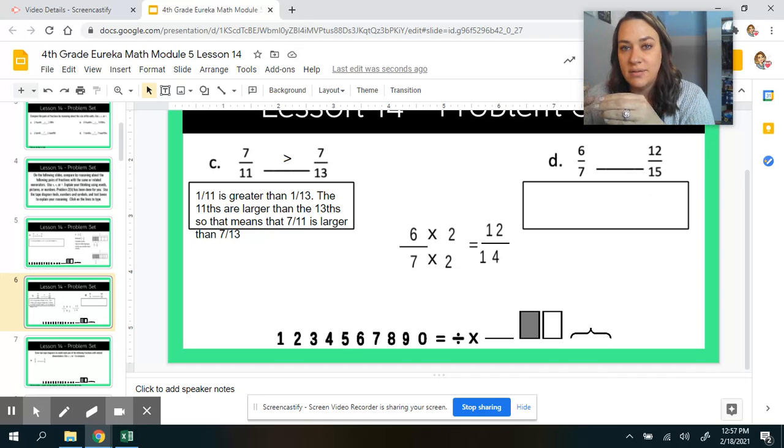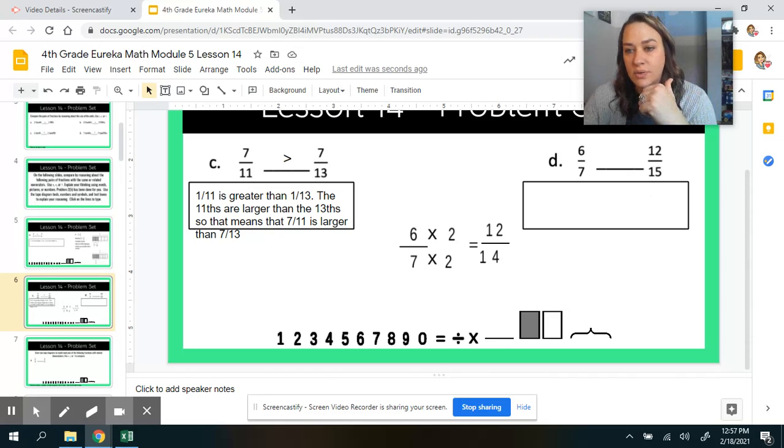Whichever one is the smaller denominator is a larger piece of the whole, right? So if I cut a pie into 2 pieces or I cut it into 4 pieces, my 2 pieces is larger than the 4. Okay, so I know it's kind of hard because it's backwards. We'll always think, well, 15 is larger. It should be larger, not in fractions, because that means we cut the whole into more pieces.